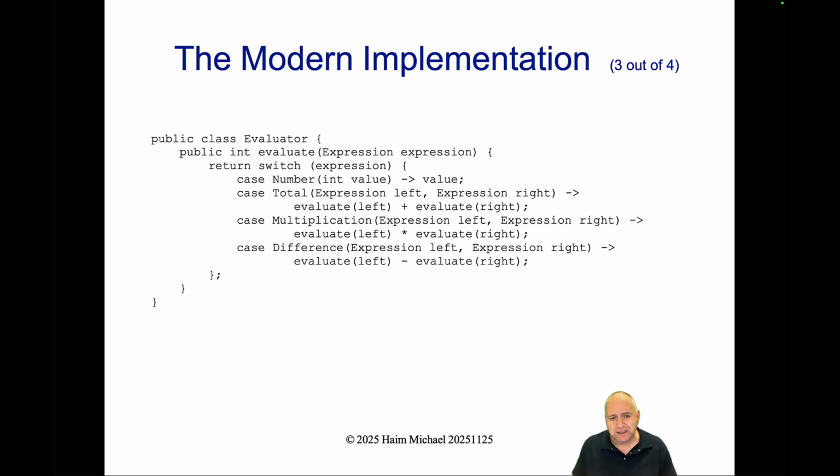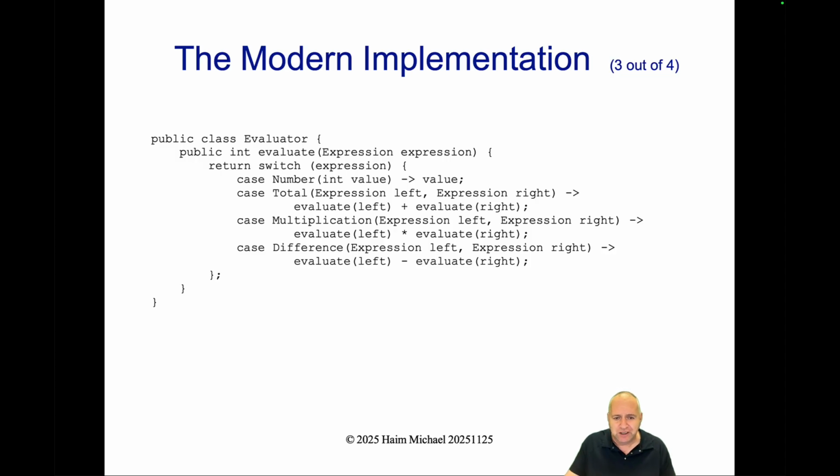Now take a look at the evaluate method. This method, when invoked on an evaluator object, expects to get an expression object. Now it can be a reference to an object that was instantiated from one of those classes that implement expression. And then using a switch expression, the correct evaluation will take place.